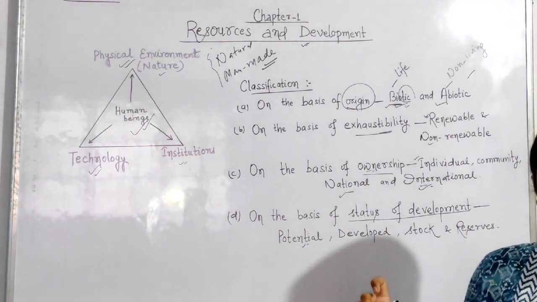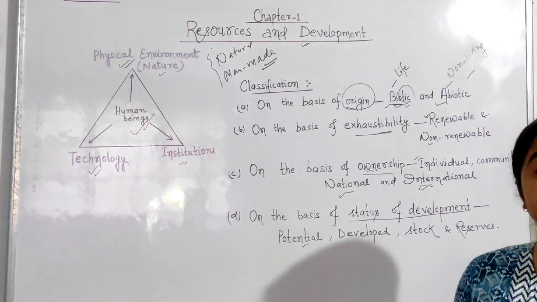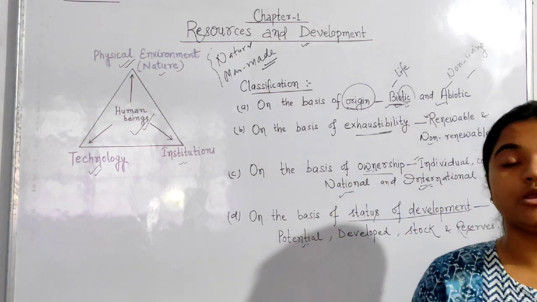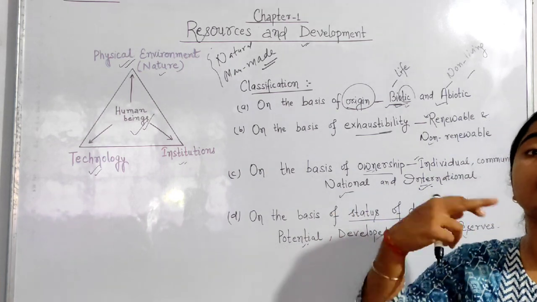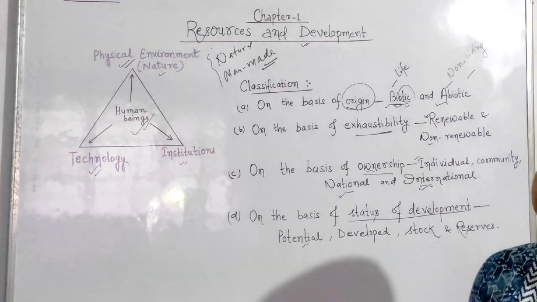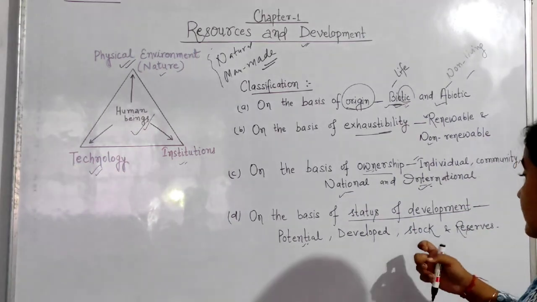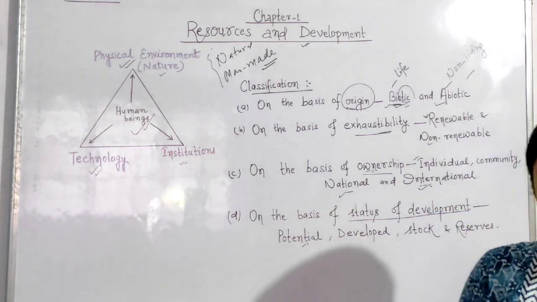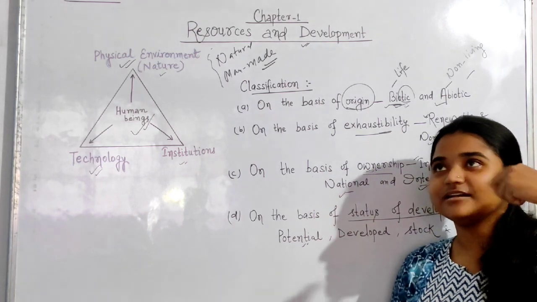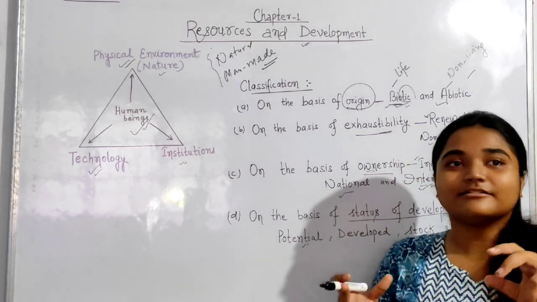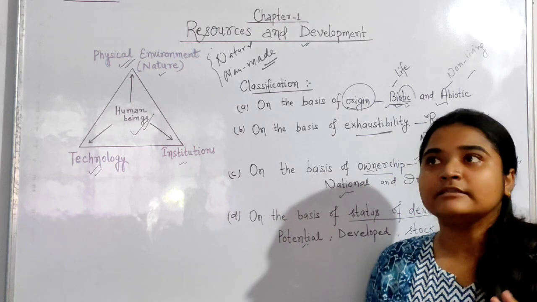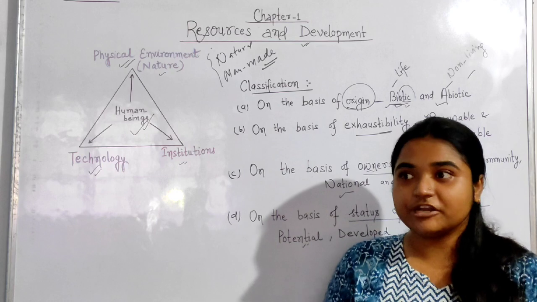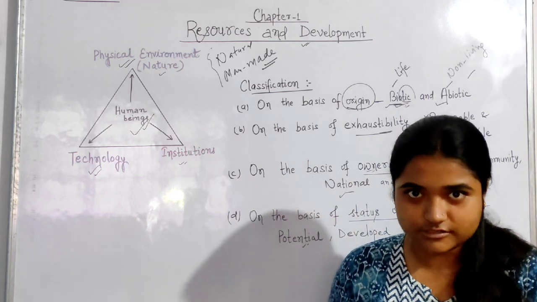Understood? Next is developed resources. Developed resources are those which have been quantified, qualified, and which we are also using. That is simply called developed resources. Next is the stock. What is a stock? Like, this is a joke, some of the people, you might have observed, were taking a huge amount of rice packets, wheat packets, everything when there was a lockdown, isn't it?